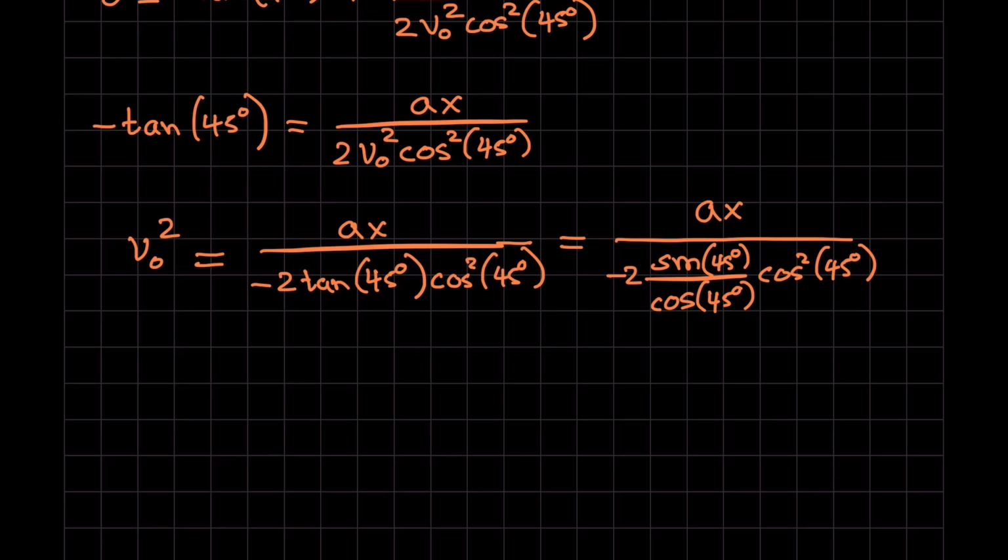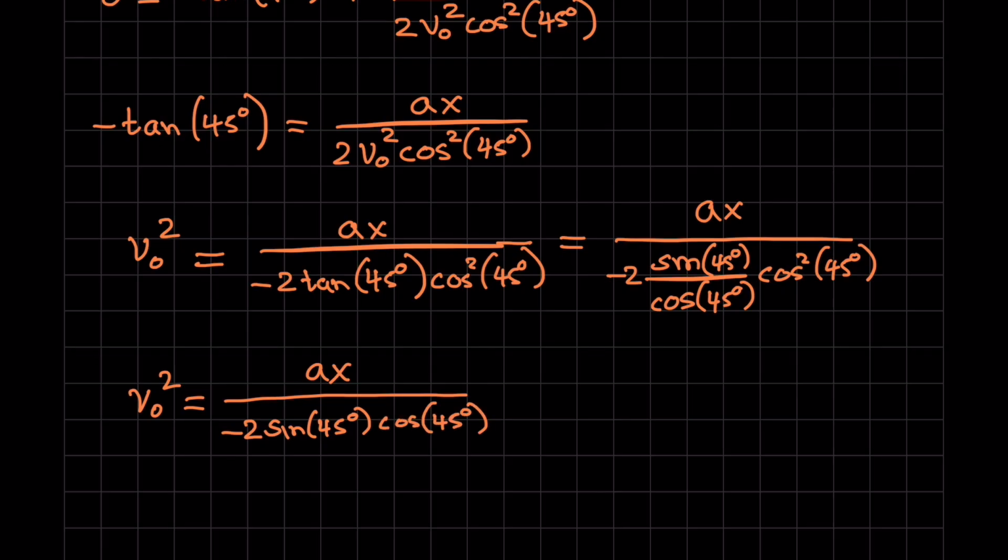So one of the cosines will cancel, the one at the bottom and the one that's squared. This leaves you with v naught squared is equal to ax divided by minus 2 sine of 45 degrees cosine of 45 degrees, right? So now we just have sine and cosine.